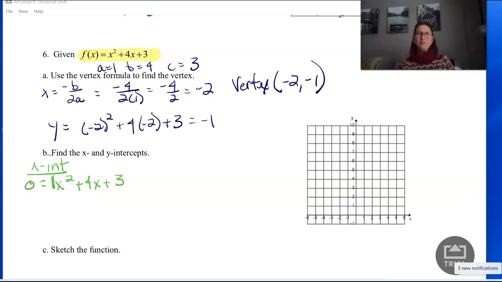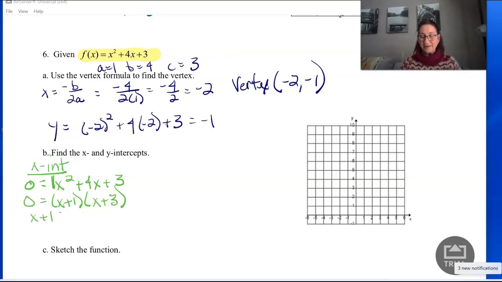I'm looking for what can I multiply to get 3? Well, that's just 1 and 3. So it's going to be x plus 1, x plus 3. Okay? Set both of those factors equal to 0. This is applying the zero product rule. And then solve. So x equals negative 1, x equals negative 3.